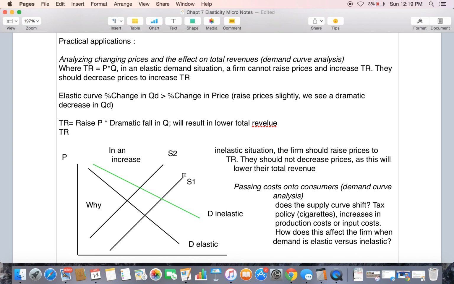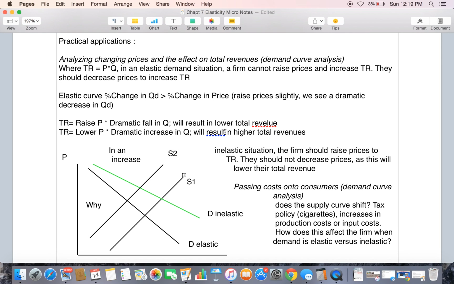Likewise, if we have an elastic firm, we can lower prices just slightly, and we'll see a dramatic increase in quantity demanded. This will result in higher total revenues.